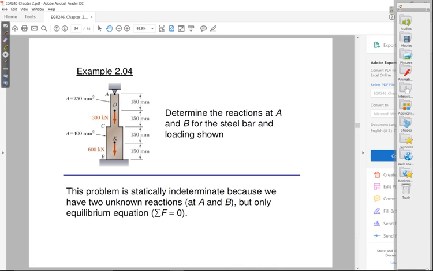And then what is the other type of effect that's going to happen? Well, there's a reaction at A and a reaction at B. Reactions are essentially forces. Reactions are external forces. They're not applied, but they're external.